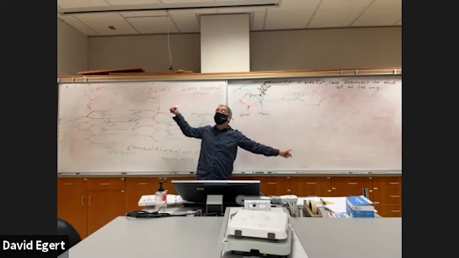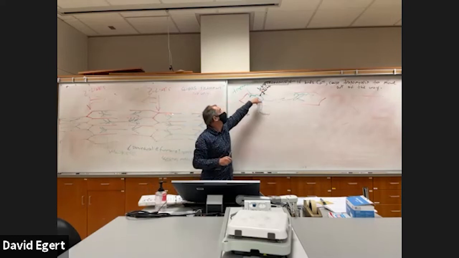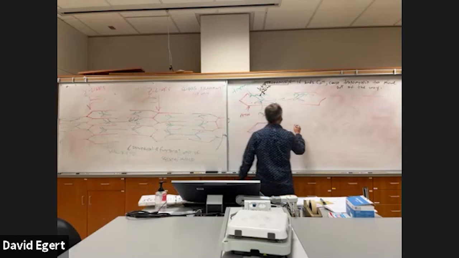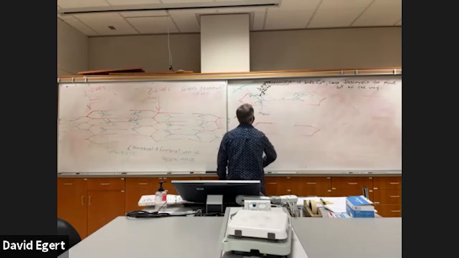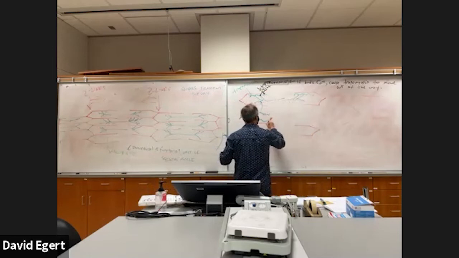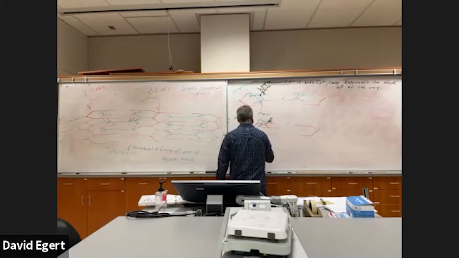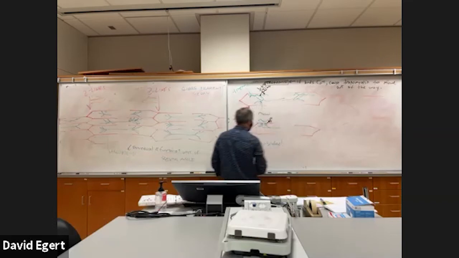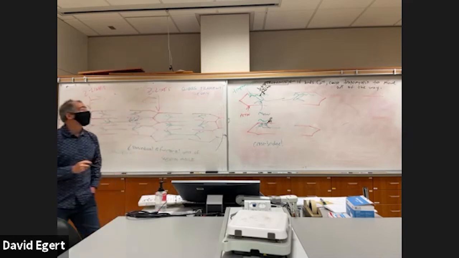It changes its shape in such a way that it pulls the tropomyosin out of the way. So the tropomyosin is no longer blocking. Now the cross bridge can form: the myosin can now grab on.